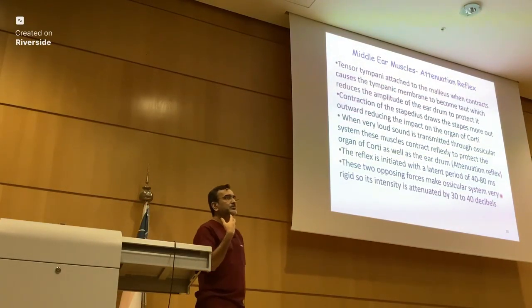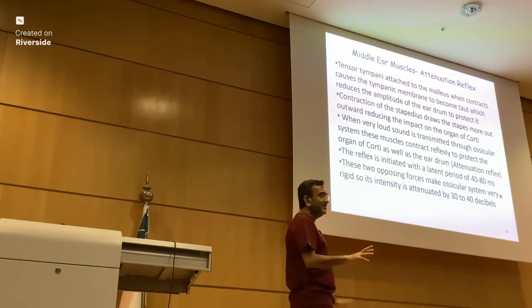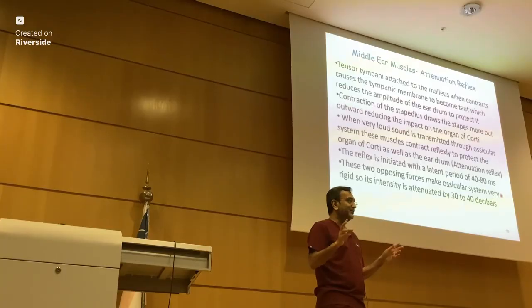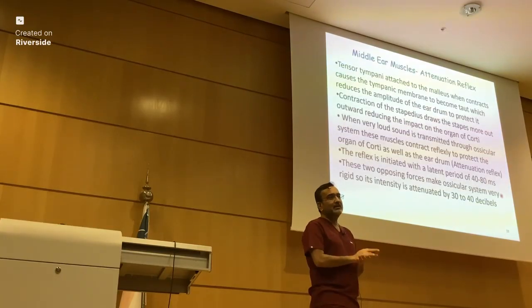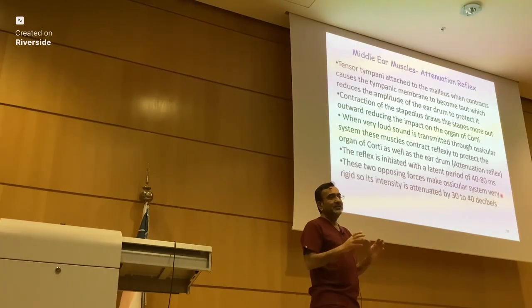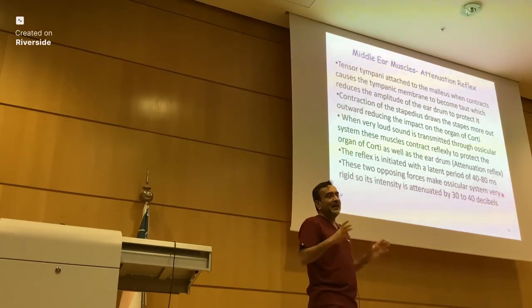And if you want to remember it in short, these attenuation reflex and impedance matching, although they look like very fancy words, actually it is dampening and amplification. So the middle ear is a dampener as well as an amplifier.